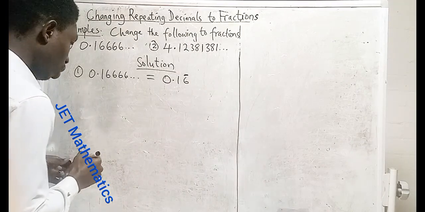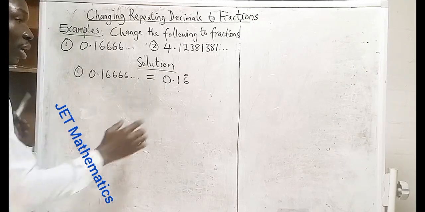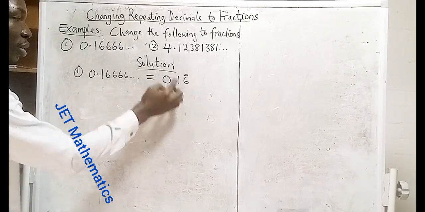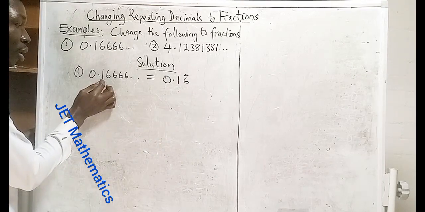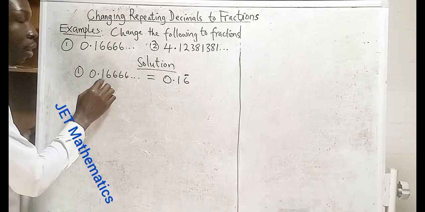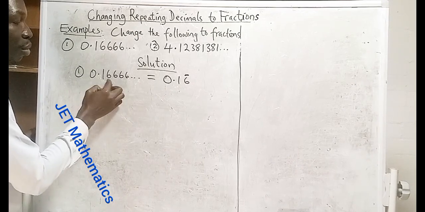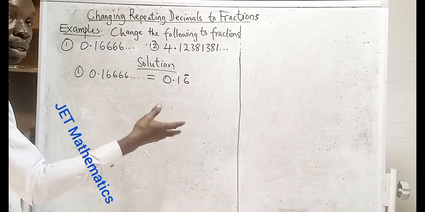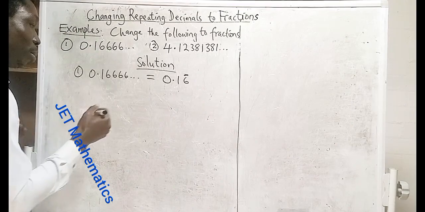Now this is quite different from the last video, because in the last video the repeating decimal starts immediately after the decimal point, but here we have a number first before the decimal starts repeating. Basically it's the same approach anyway.